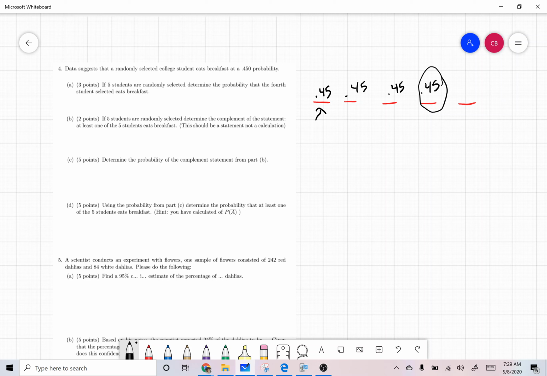So that being said, I think that's pretty self-explanatory. It's not a trick question, but it says if the students are randomly selected, determine the complement of the statement, at least one of the five students eats breakfast.